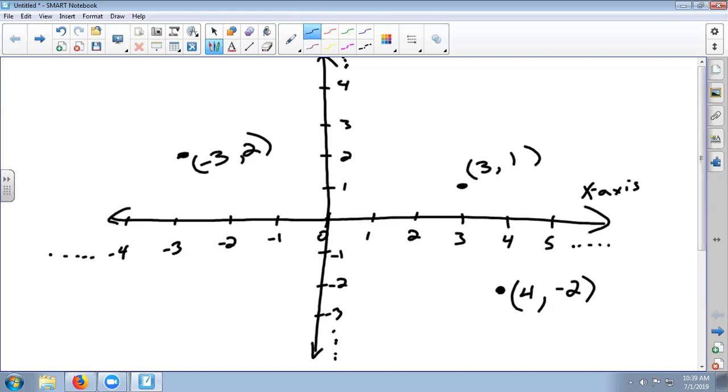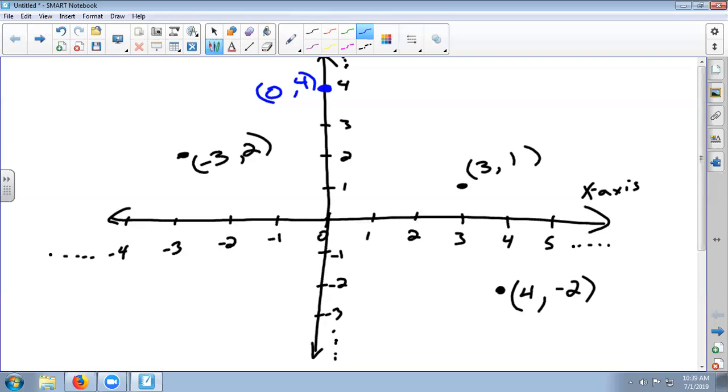Some points fall directly on an axis. This point right here. How far left or right did we go? We went left or right 0. How far up did we go? 4. So directly on the y-axis. This point would be what we would consider a y-intercept, meaning where we cross or touch the y-axis.